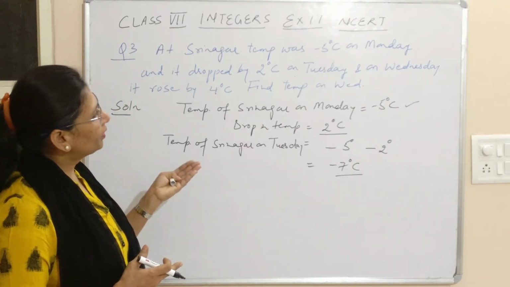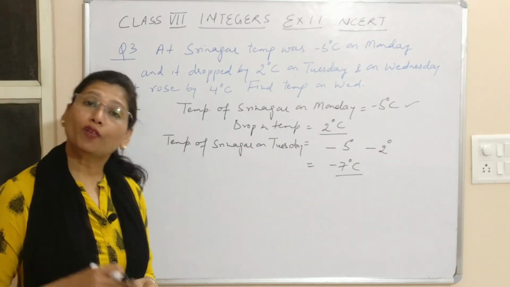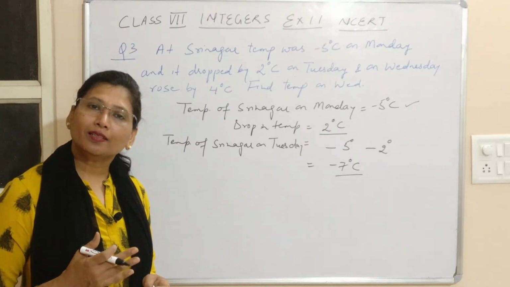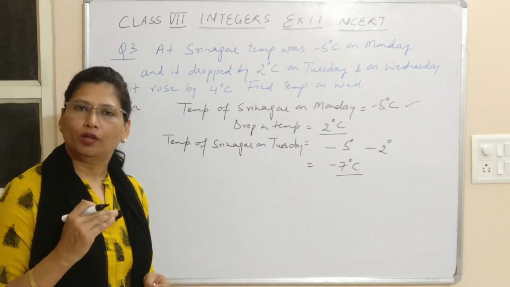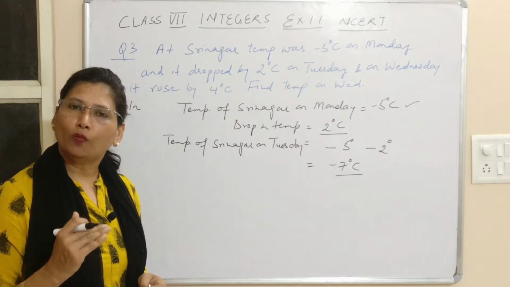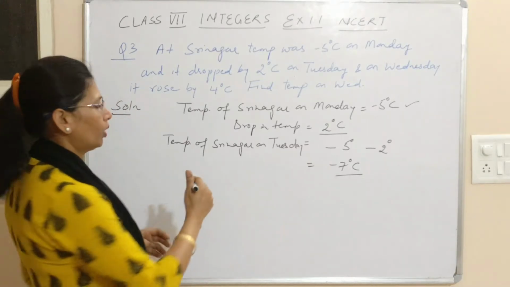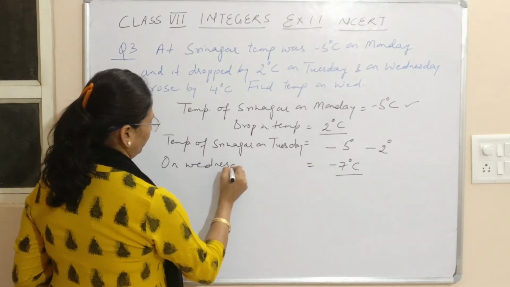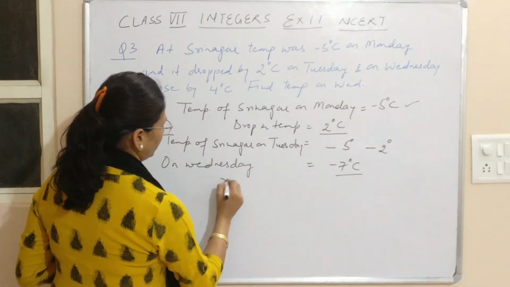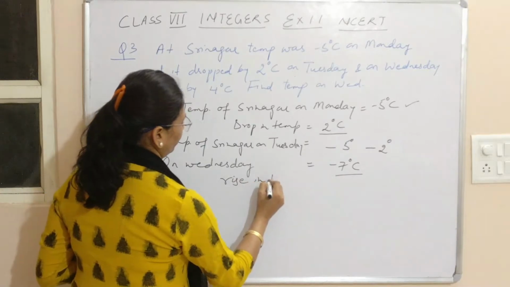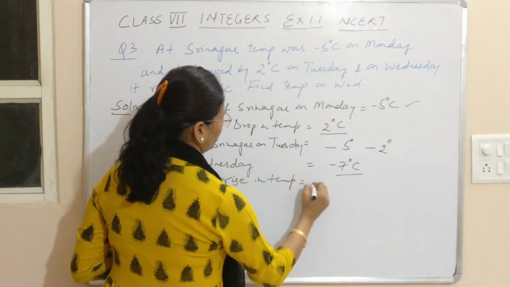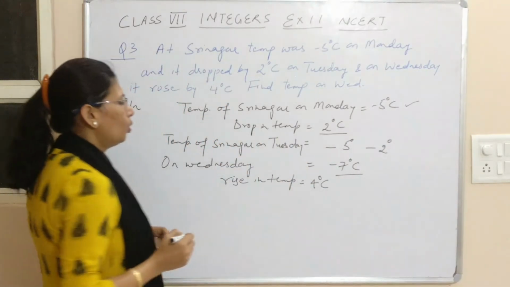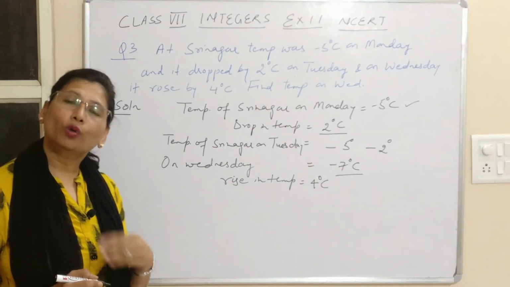Now it says further that on Wednesday it rose by 4 degrees Celsius. That is, there is a rise in temperature on Wednesday. By how much? By 4 degrees Celsius. So the rising temperature is 4 degrees Celsius. What is the temperature on Wednesday?